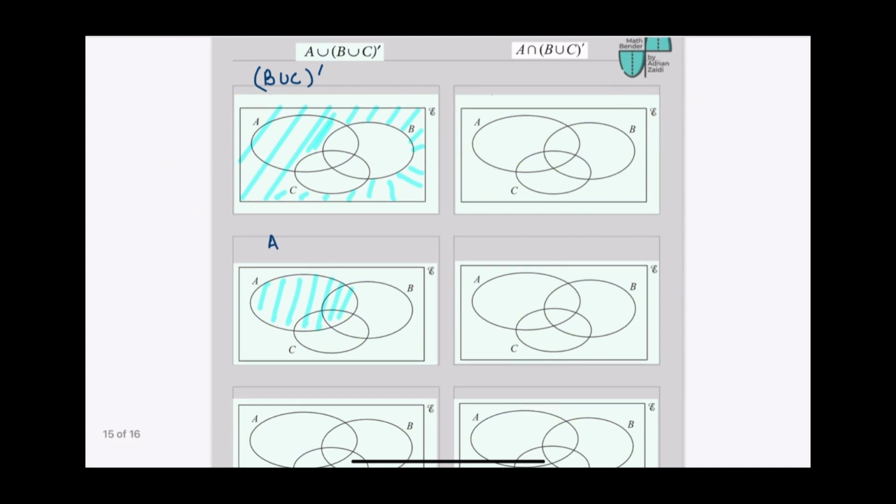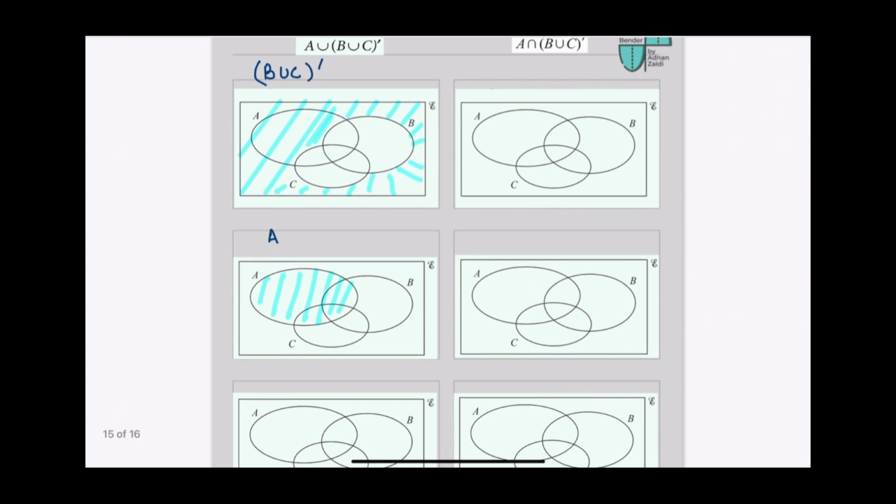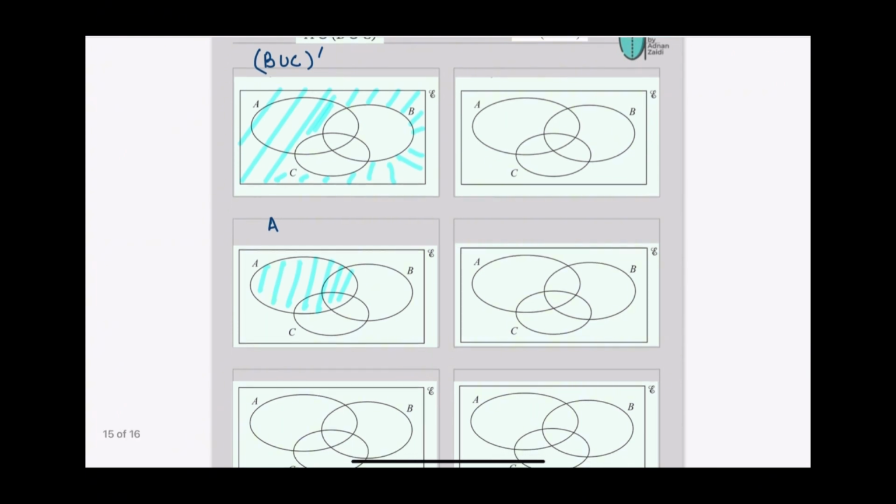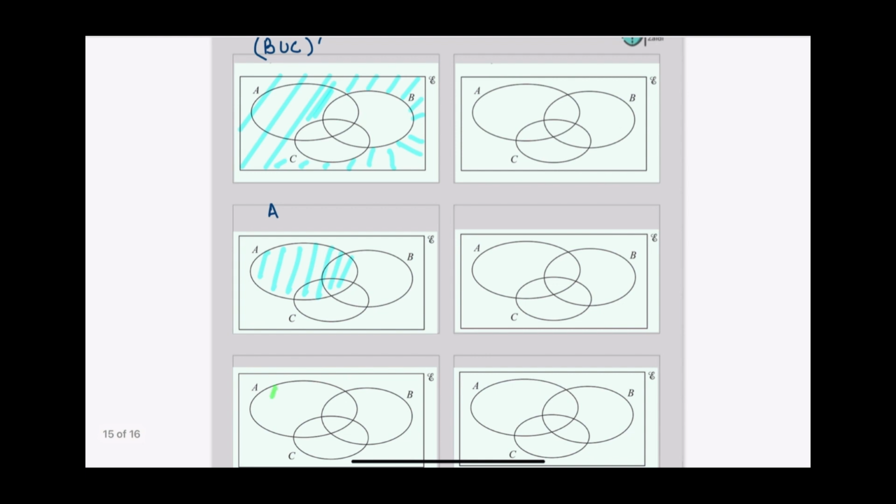Now, union, which means sum up all the elements that are in B union C complement, which was in the first figure, and A. So sum up all of them. So if I shade all of it, then I could see that whole of A is there and the rest of the outer part is there too.